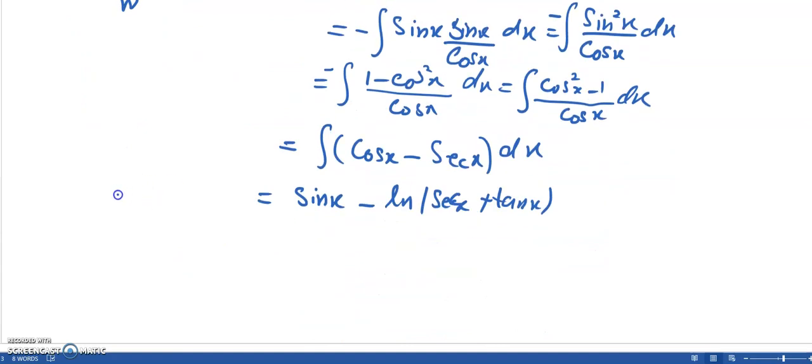Therefore our yp will be equal to y1 u1 plus y2 u2 plus y3 u3.